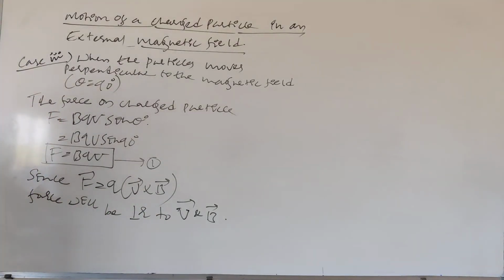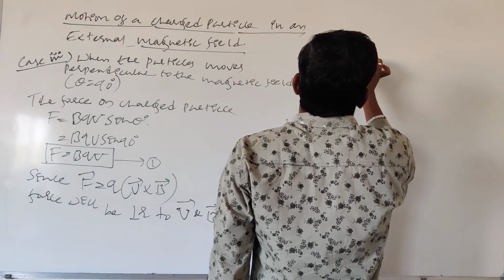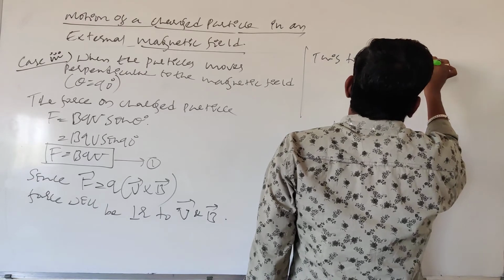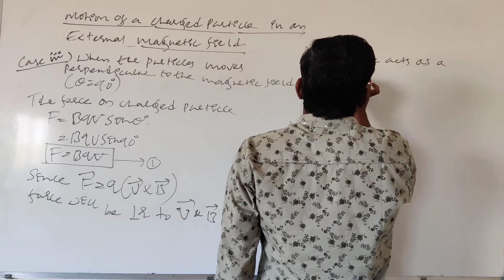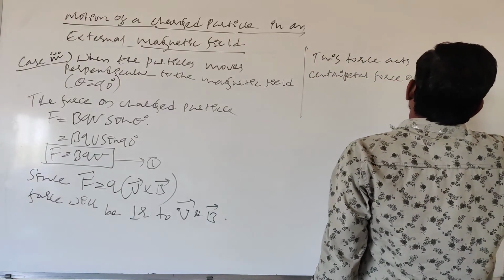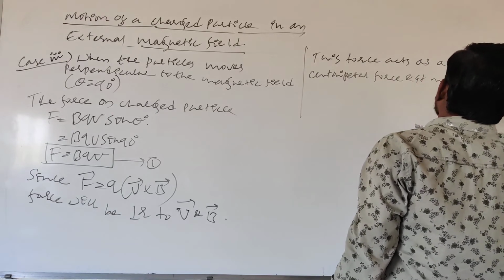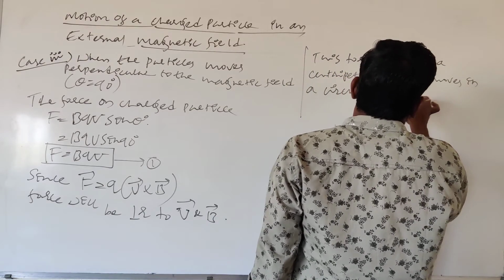So when it is perpendicular to V and B, this force acts as a centripetal force, and it moves in a circular path.